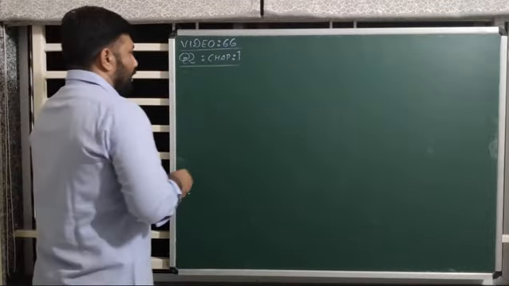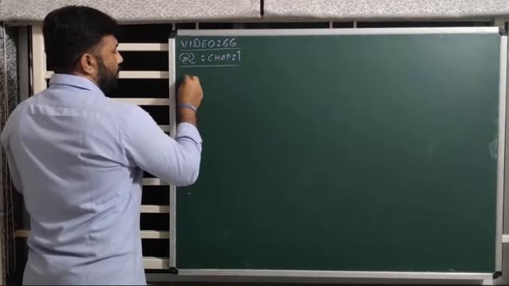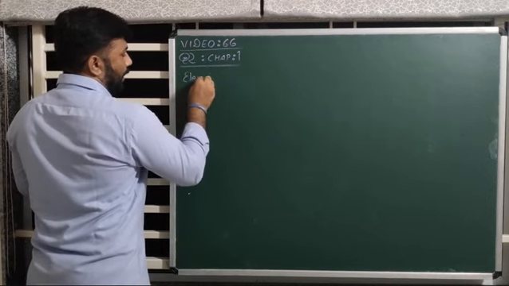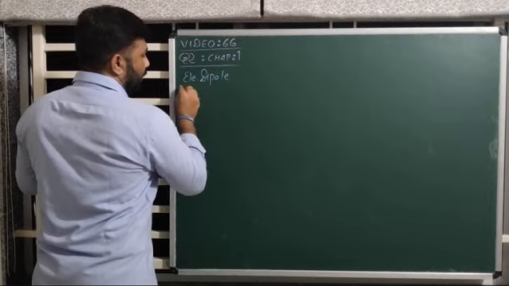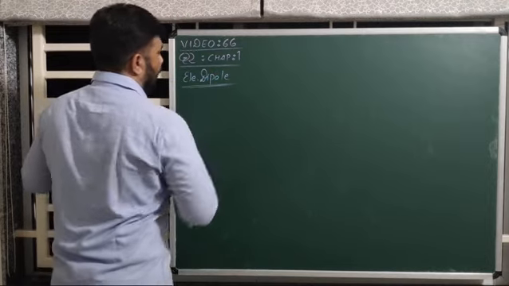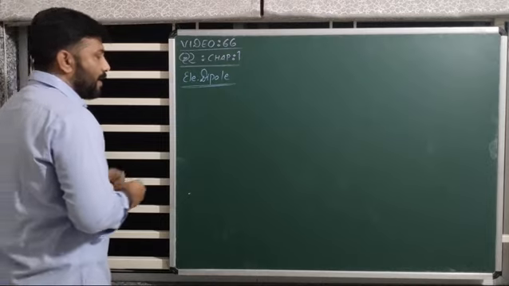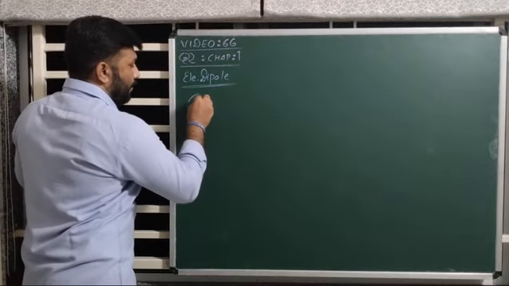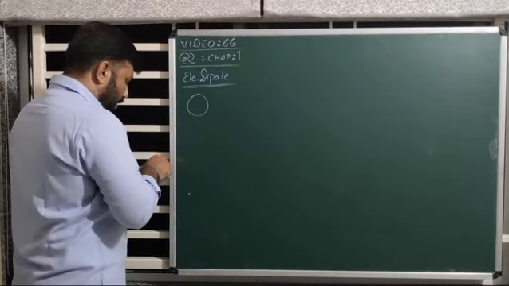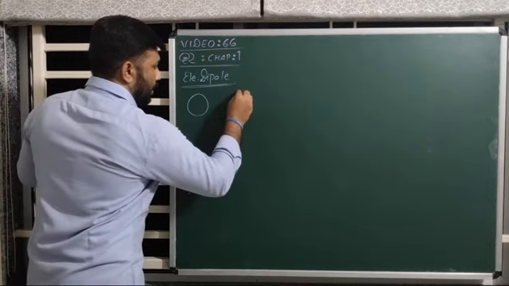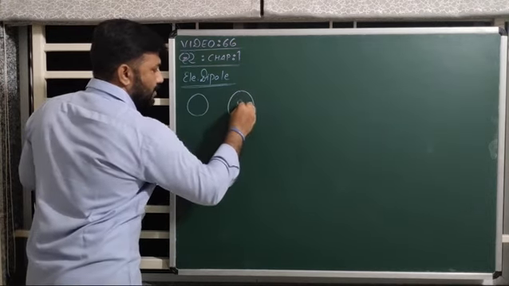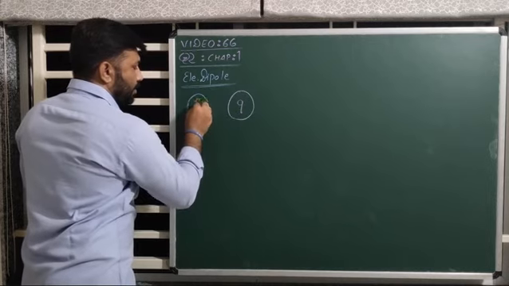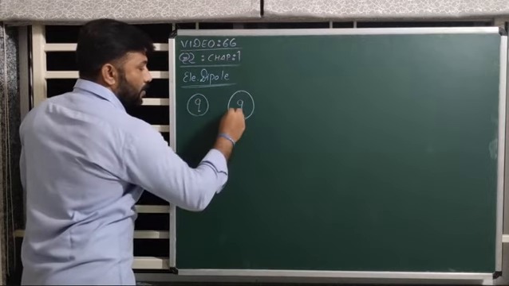Now let us see what is electric dipole. That we know very well. Two equal and opposite charges. First charge minus Q, second charge plus Q, equal and opposite.